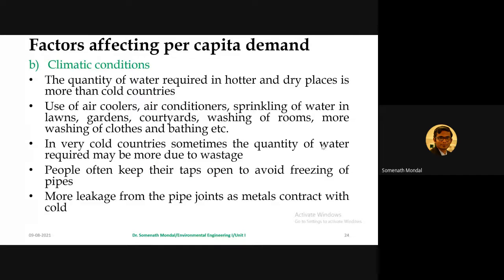So this is another issue which needs to be taken into account while calculating the per capita demand and its relation with the climatic conditions.